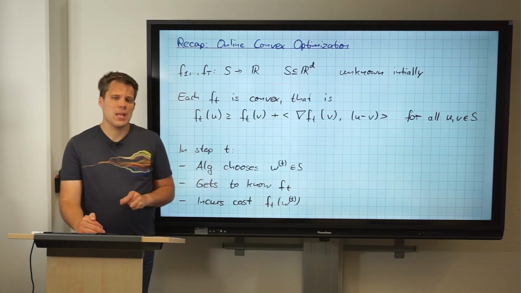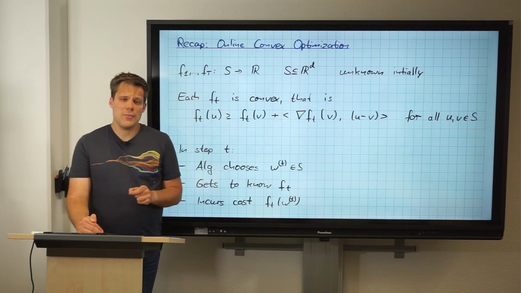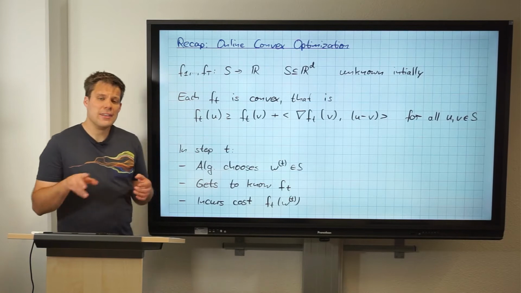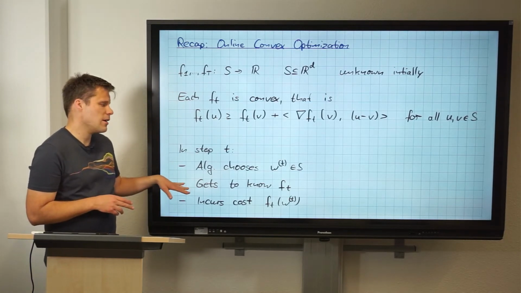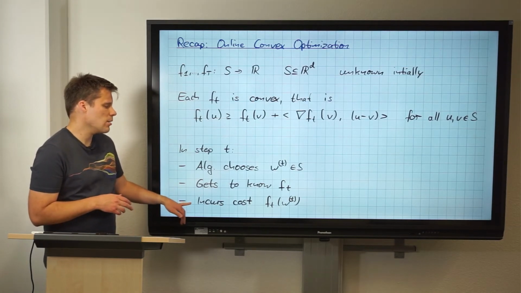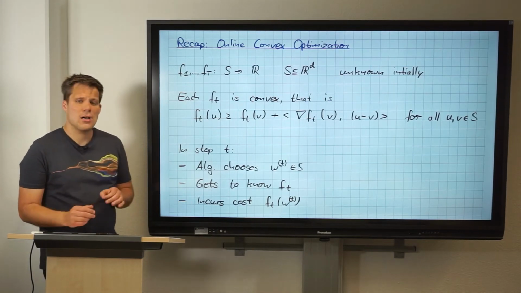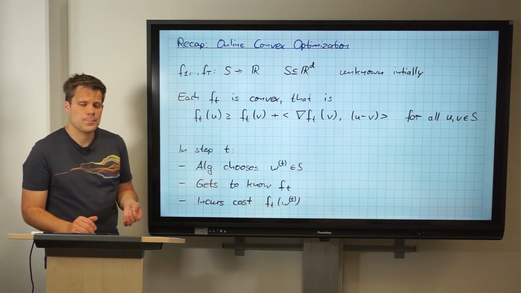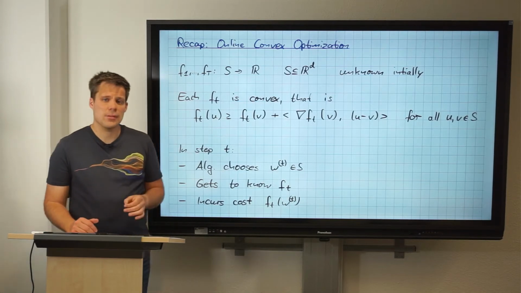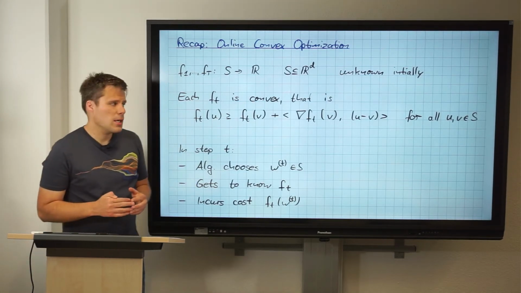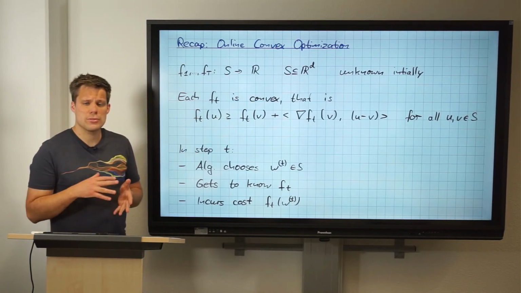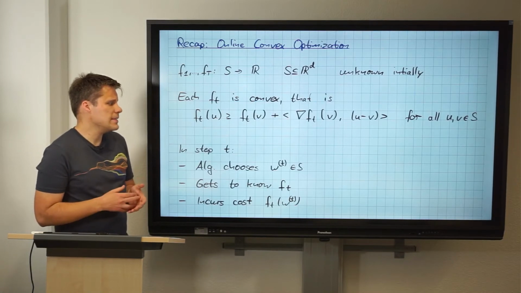In step t, first our algorithm chooses one point wt from the set S, and only then it gets to know the function ft it is supposed to be minimizing, because it is incurring a cost of ft of wt. As we've seen, this generalizes, for example, the expert setting, in which we would set S as the probability distributions over our d experts.